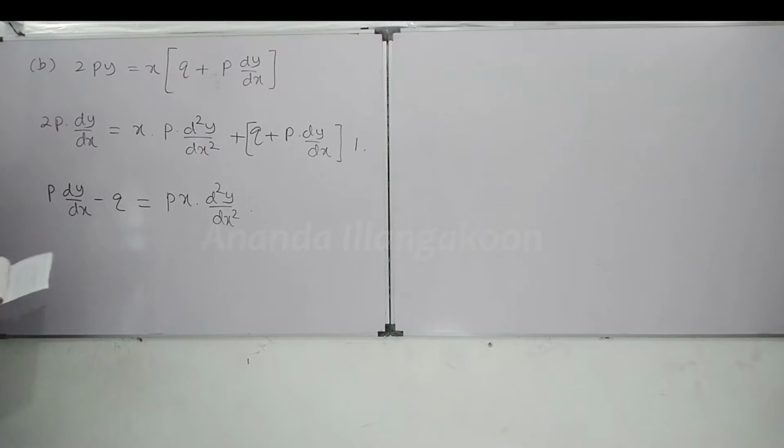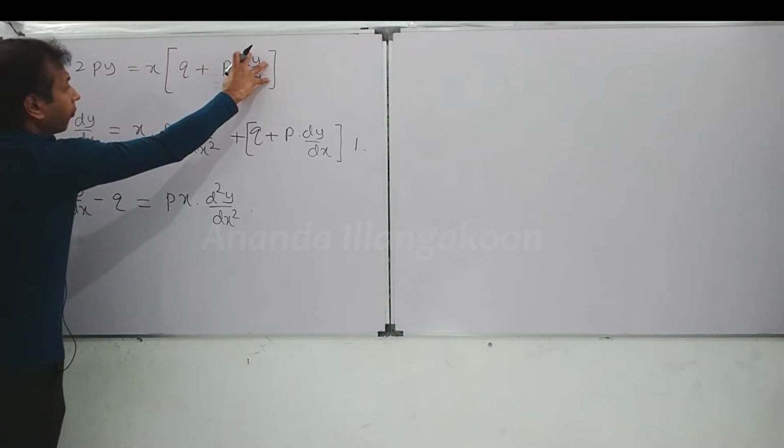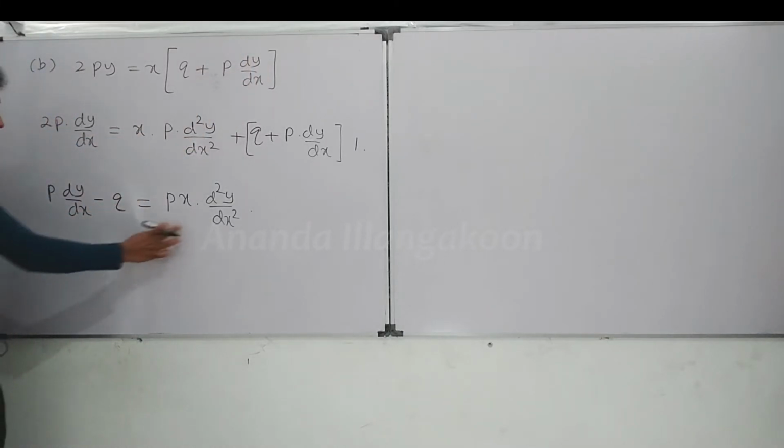Now to get the answer contains only d2y by dx2, then what we do is, here we have p dy by dx, that p dy by dx we can substitute by this and put that here. Then the asked answer you can take, right?